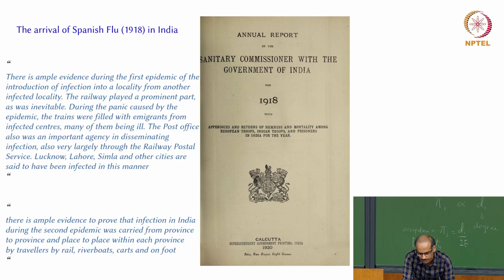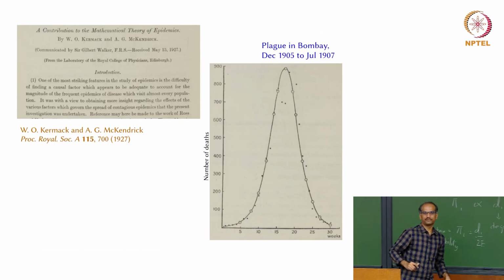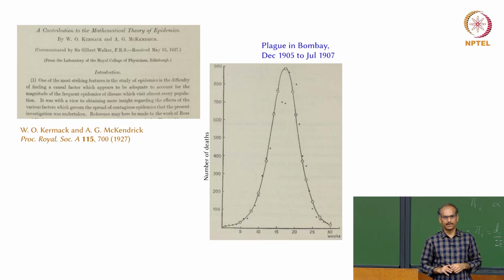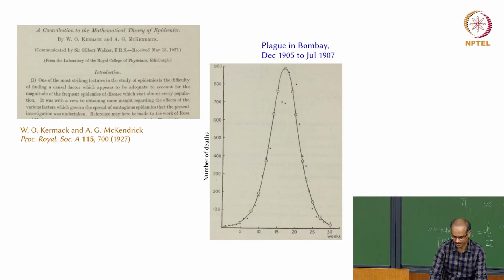Okay, so there are all kinds of interesting historical sidelights to this. I'll probably not go into them. In fact, one of the very beautiful examples of real data that was used was from the plague in Bombay, not far from us here.